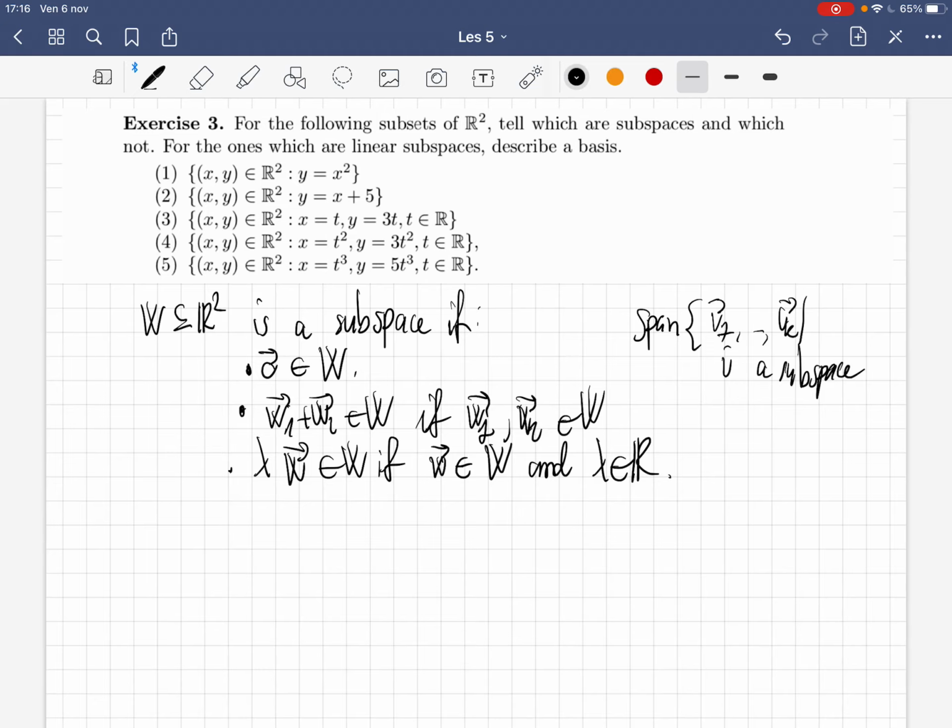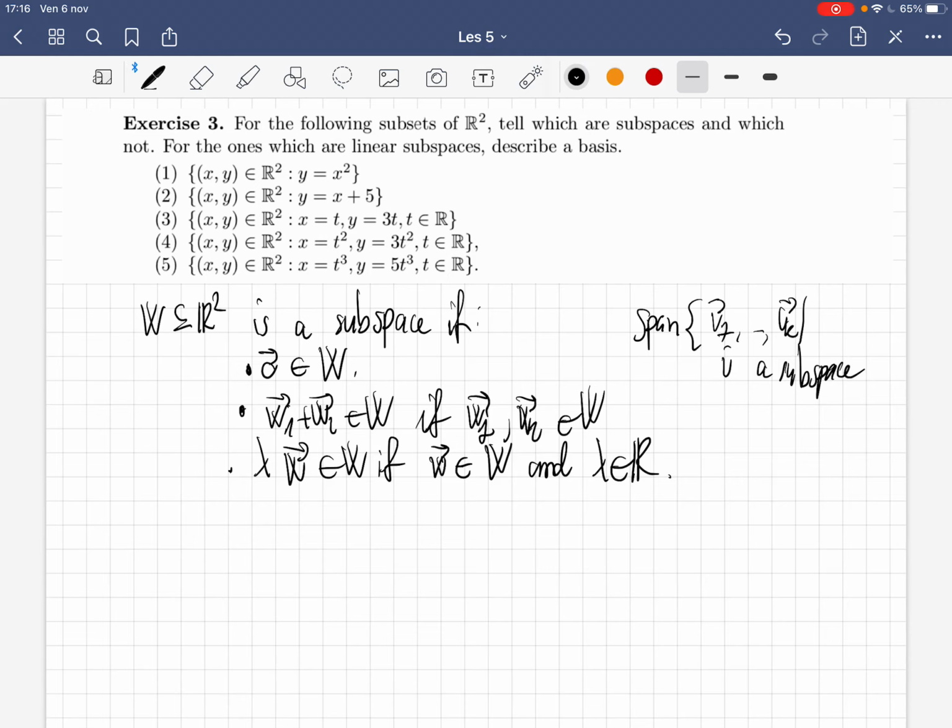So let's look at these things. Well, the point is, linear subspaces are defined by linear stuff, for example, linear equations. So whenever you have something which doesn't look like a linear equation, then you're quite sure that it won't be a subspace.